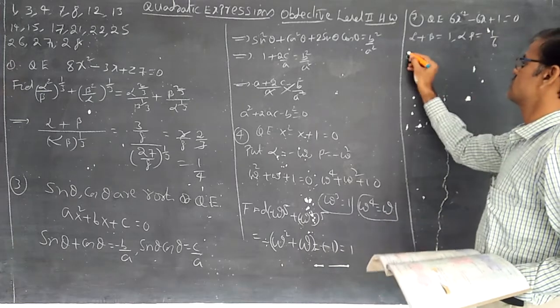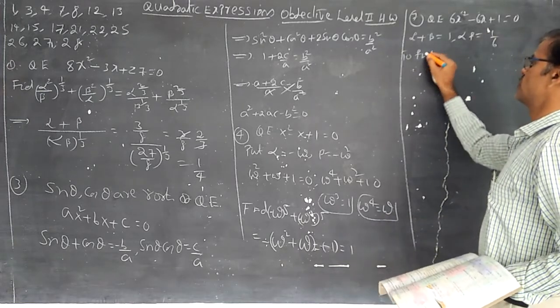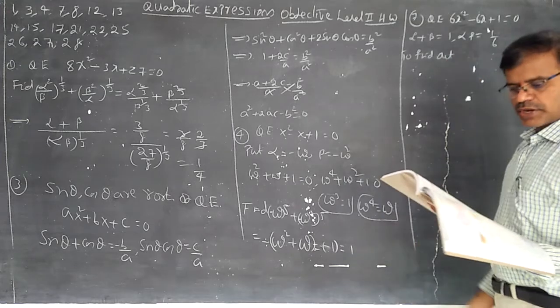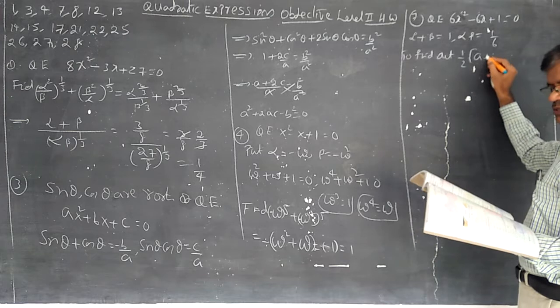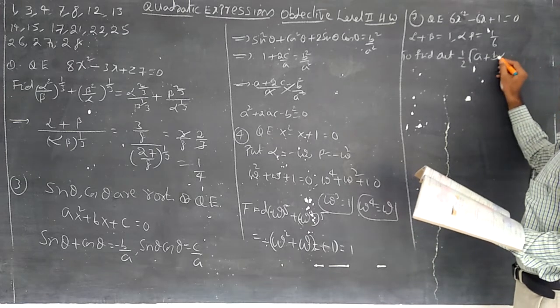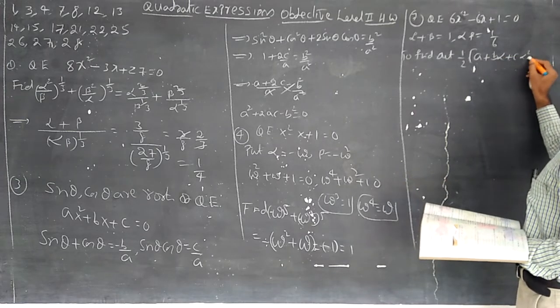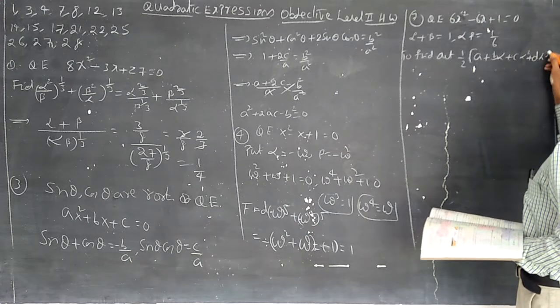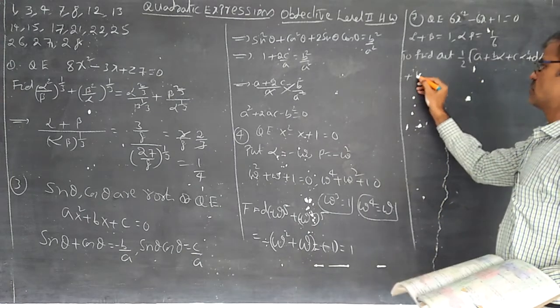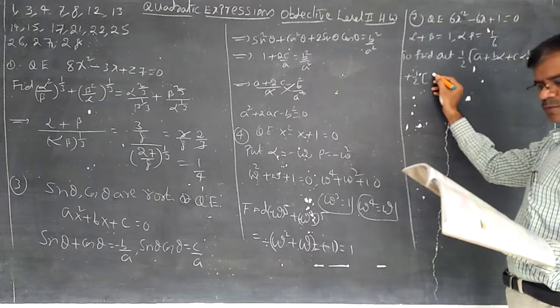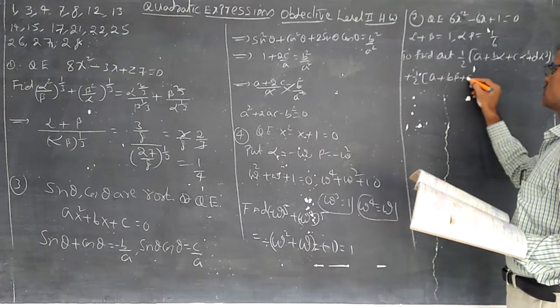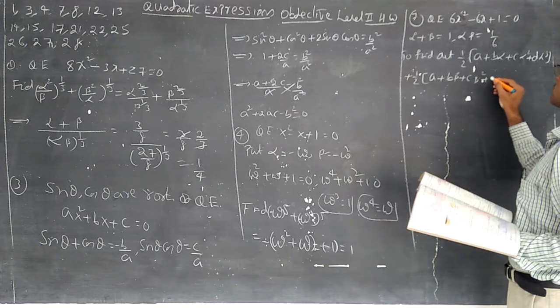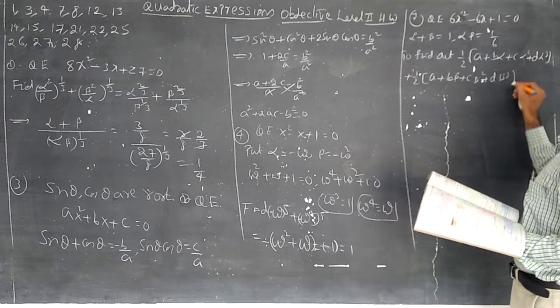Which is 1 by 6. Now to find the value of 1 by 2 into a plus b alpha plus c alpha square plus d alpha cube, plus 1 by 2 into a plus b beta plus c beta square plus d beta cube.